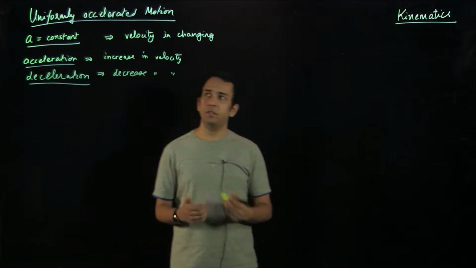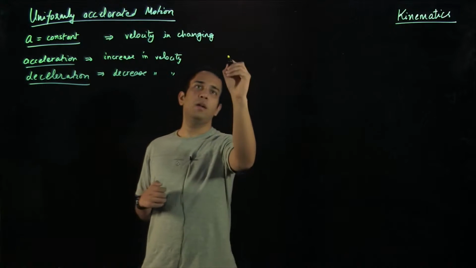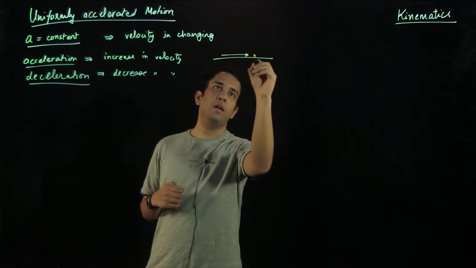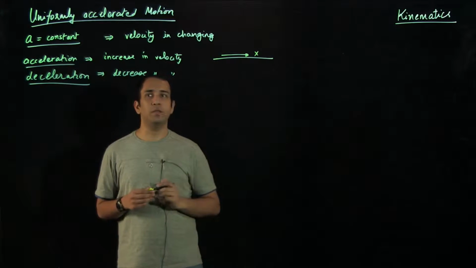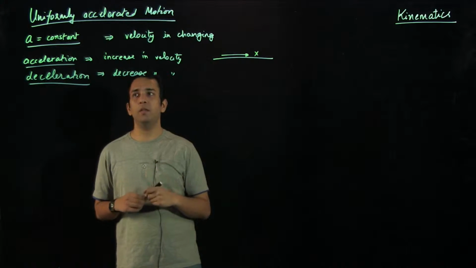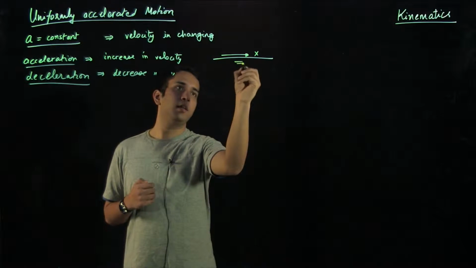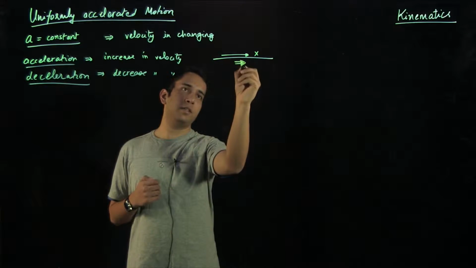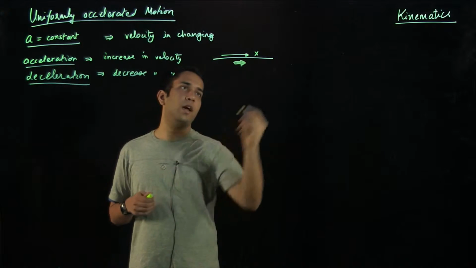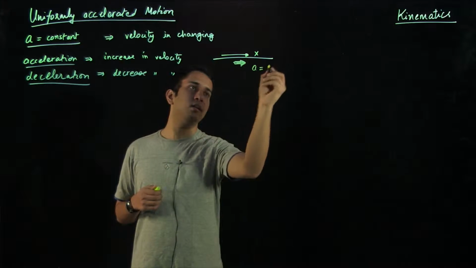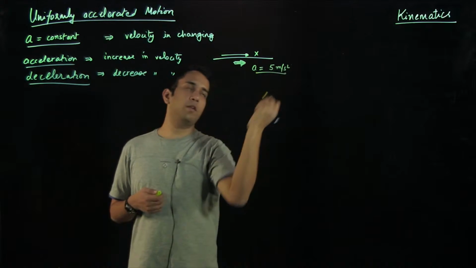The direction of the deceleration is opposite to the direction of the velocity. So just to give an example, if the car is moving towards the plus x direction, and it's a 1D motion, and the acceleration is supporting this motion, in this direction, then I would say the acceleration is 5 meter per second square, just to give a number.